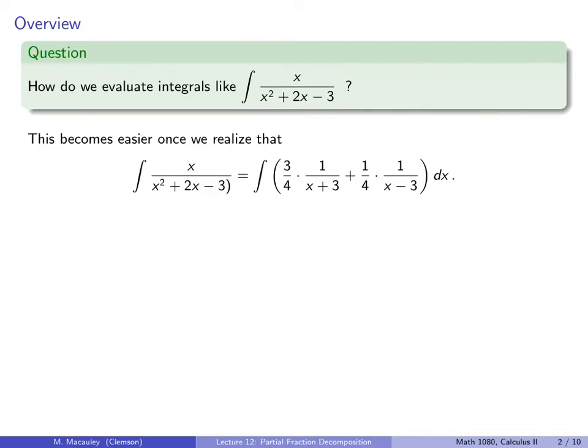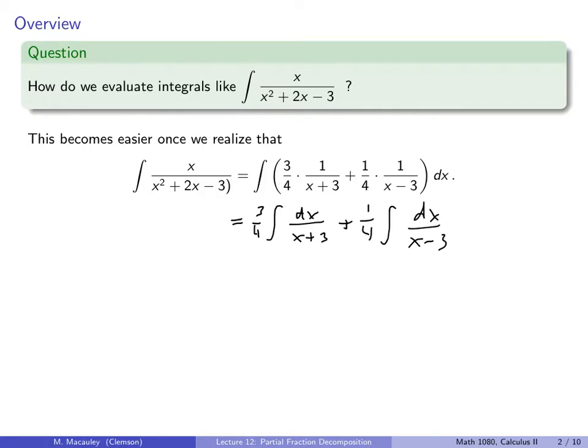Now once I've given you this information, this becomes quite doable because I can write this as 3/4, the integral of dx over x plus 3. And this second one is plus 1/4 integral of dx over x minus 3.